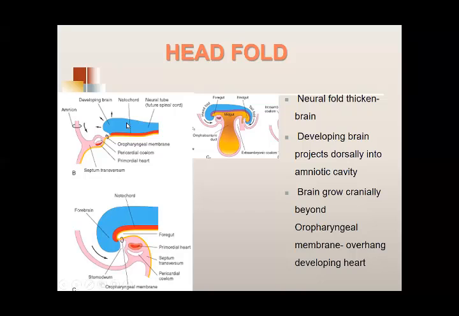The neural tube, the cranial end, develops into brain, and as head fold occurs, this developing brain overhangs the developing heart. Between the developing brain and the developing heart, you have the structure which is the oropharyngeal membrane.